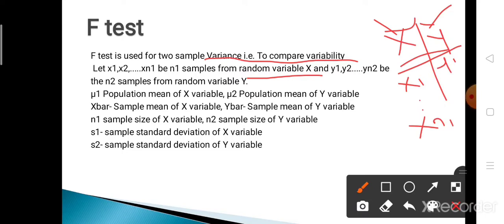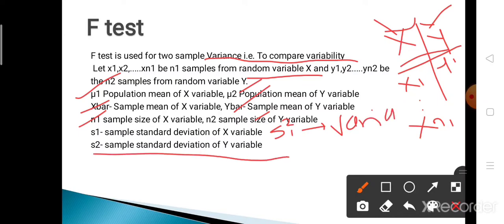The notations are: mu1 is the population mean of x variable, mu2 is the population mean of y variable, x bar is the sample mean of x variable and y bar is the sample mean of y variable. n1 is the sample size of x variable and n2 is the sample size of y variable. S1 is the sample standard deviation of x variable. And what is S1 square? S1 square is the sample variance of x variable, and S2 is the sample standard deviation of y variable.